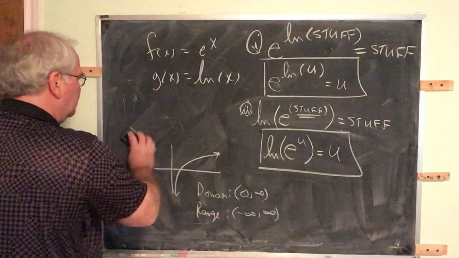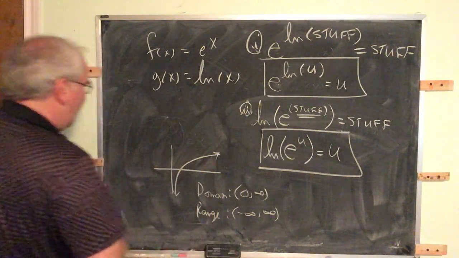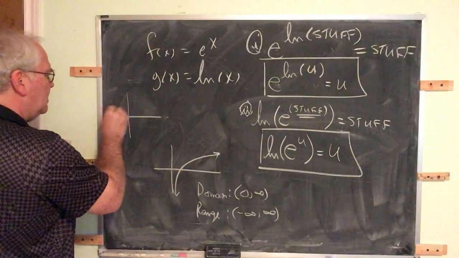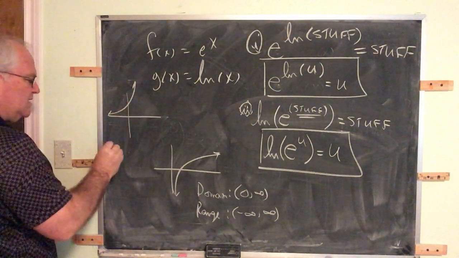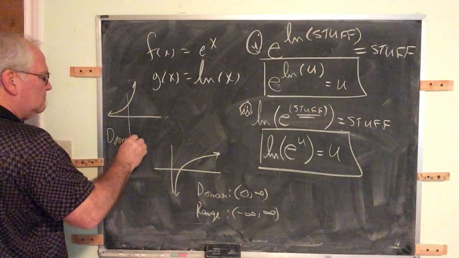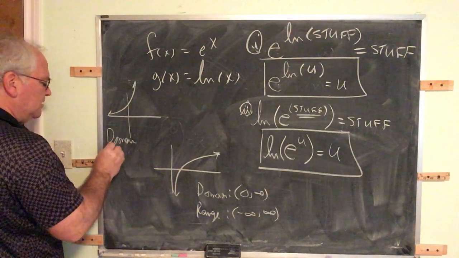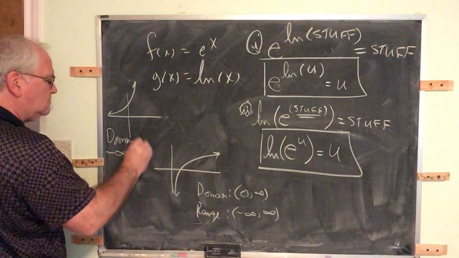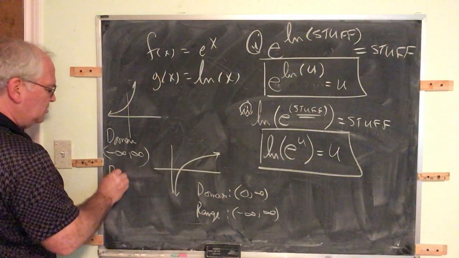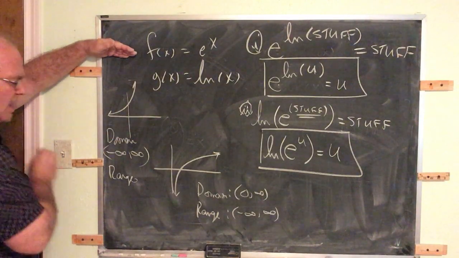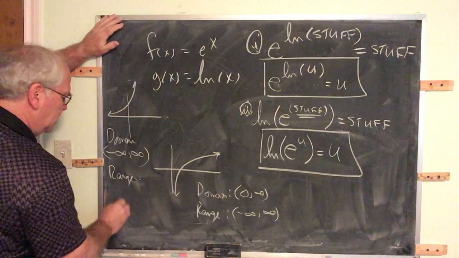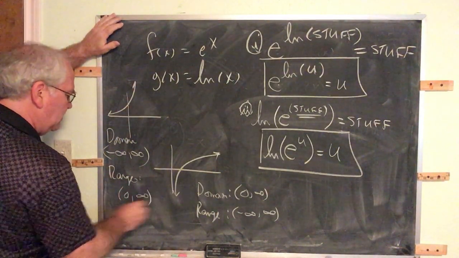That corresponds to the fact that its inverse function, e to the x, has a domain of all the real numbers, and the range is the y-axis. We're only using the positive values, so the range consists of these values from 0 to infinity.